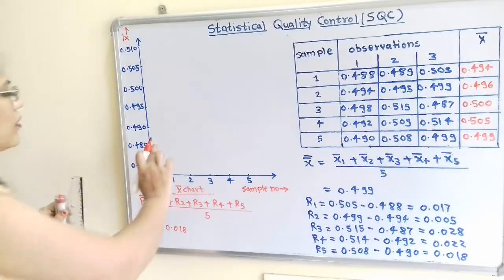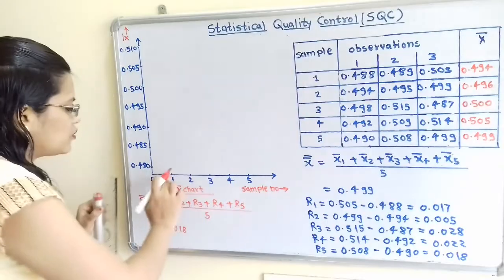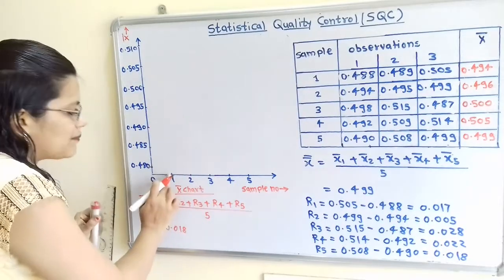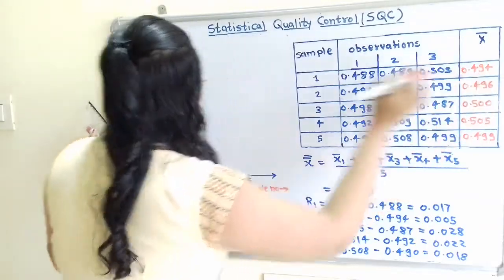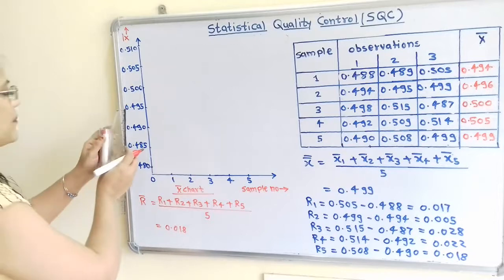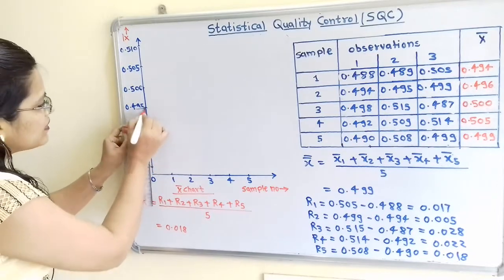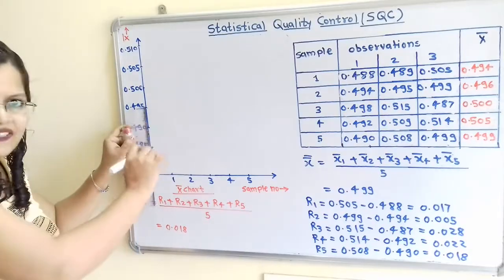Now how to make the points? For sample number 1, here is the vertical line for sample number 1. Value is 0.494. So here is 490 and here is 495. The distance in between 490 and 495 is 5 centimeter.